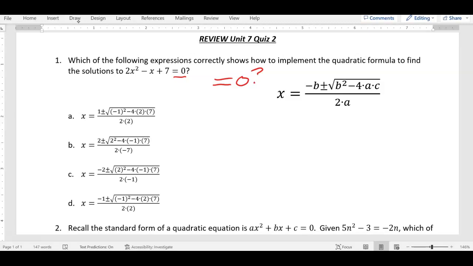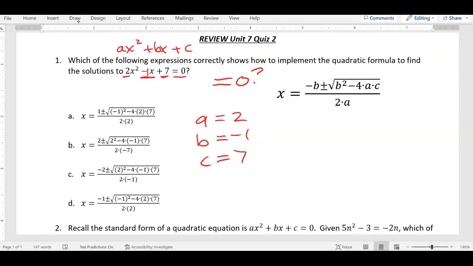So then first I need to figure out what is A, what is B, and what is C. Remember, as long as it's in standard form, A x squared plus B x plus C, A is in front of x squared, the A value is 2. B is in front of x, so my B value, if it's just a negative, that means negative 1. Beautiful. C, the constant here, is 7.